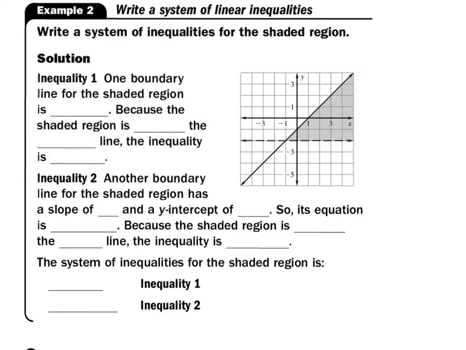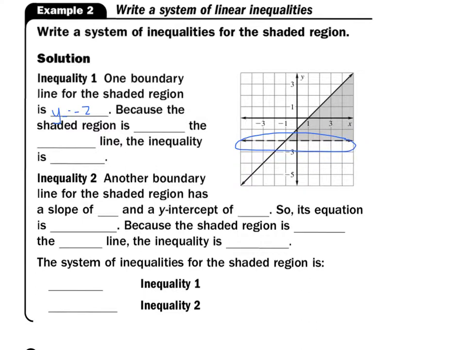And on our last page of notes, example 2, to write a system of linear inequalities, we can look at the graph that's shaded and come up with the equations from that. In inequality 1, one boundary line for the shaded region is y equals -2. That is this dashed line right here.